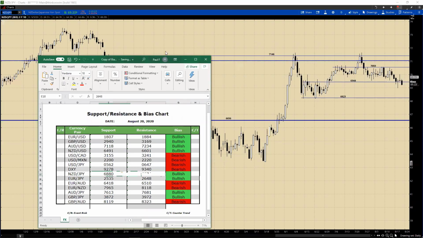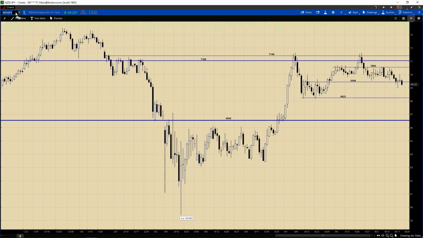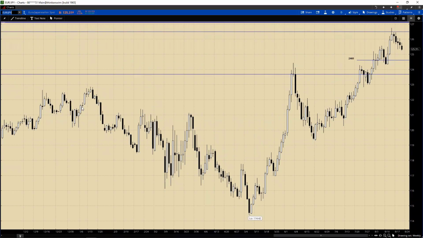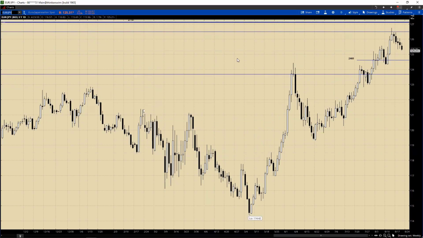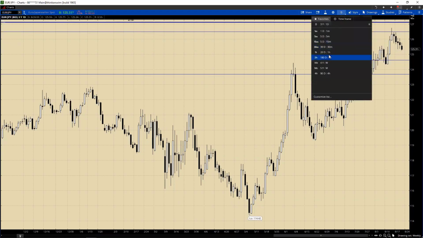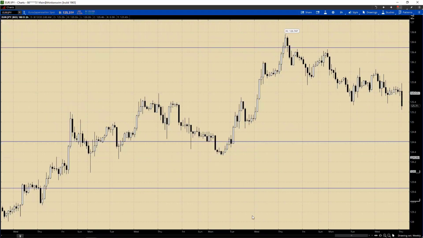Going to the euro yen. A decent little pair back here. Support, you can see this level touch here. Let's go into a 2 hour, see if we see something a little bit more definitive.